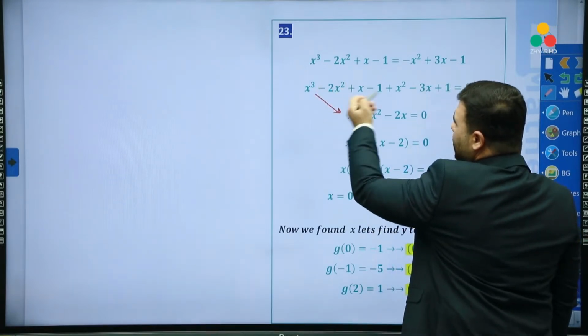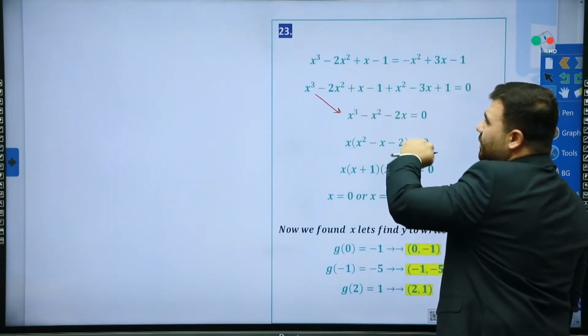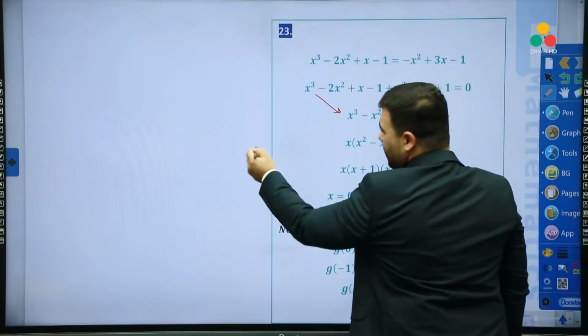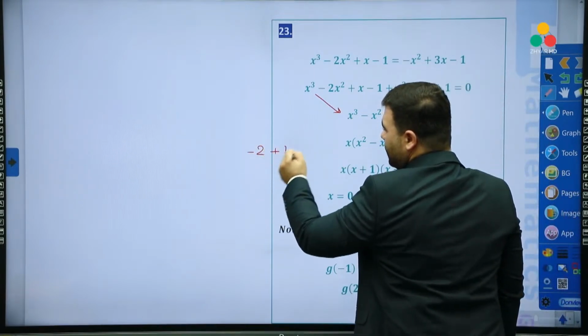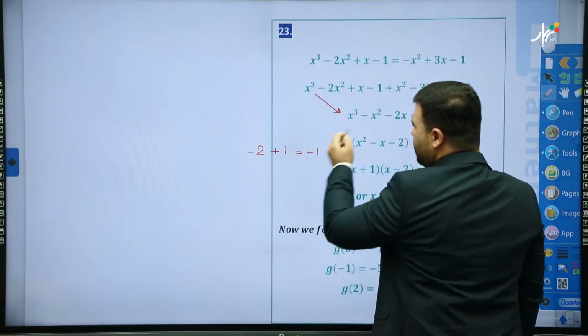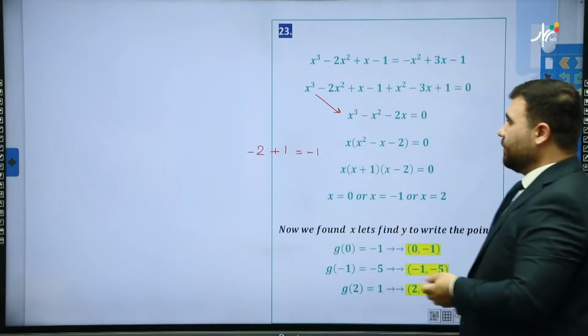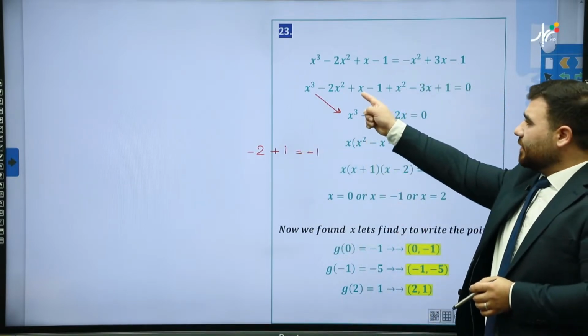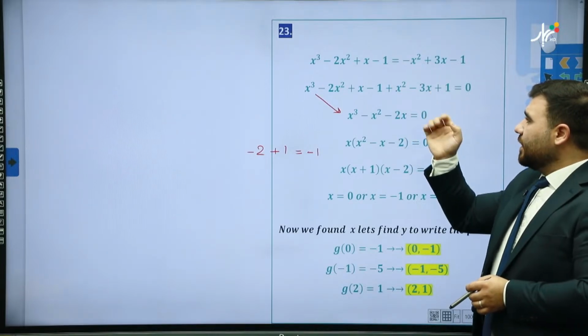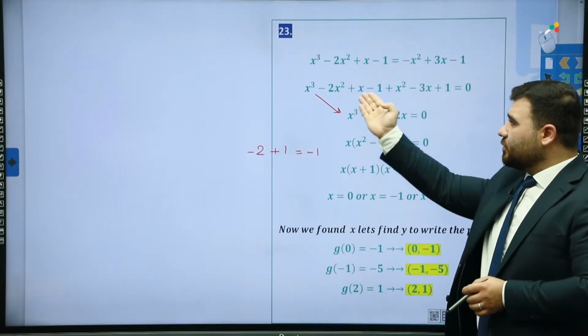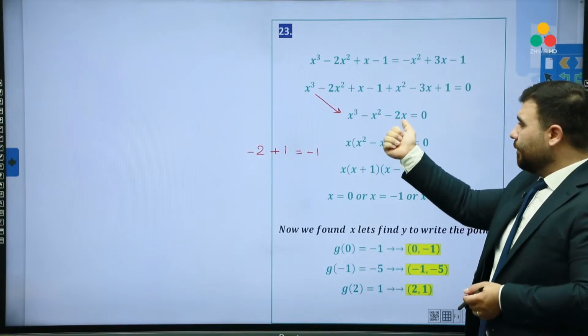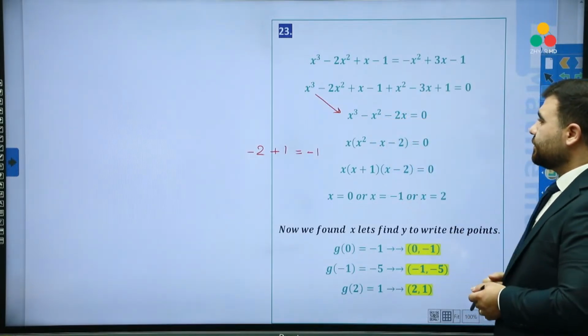Negative 2x squared and 1x squared together, that will be like negative 2 plus 1, which is negative 1. This is why we have negative x squared remaining. This is positive x, this is negative 3x. Negative 3 plus 1 is negative 2, equal to 0.